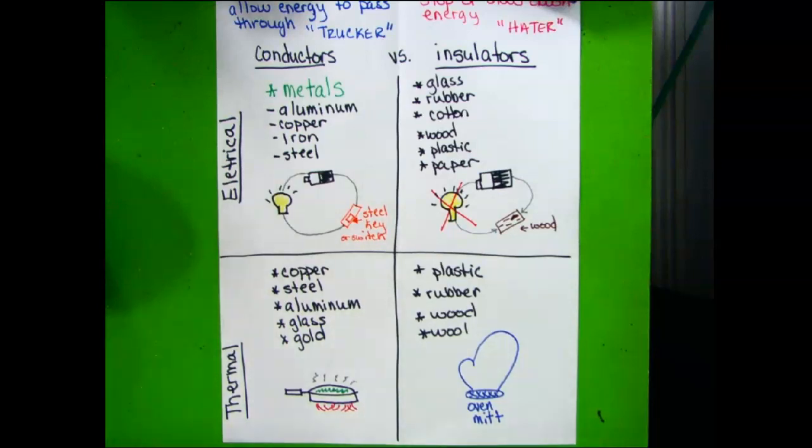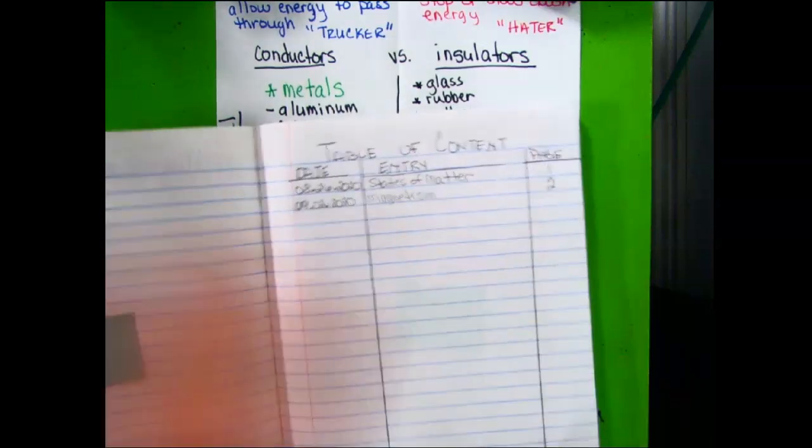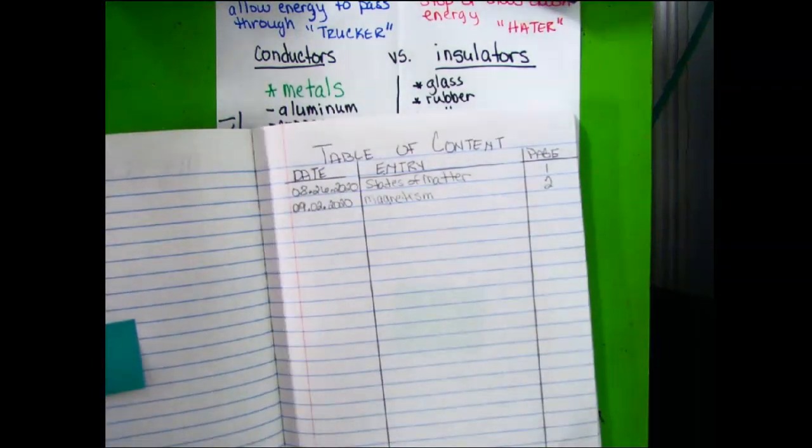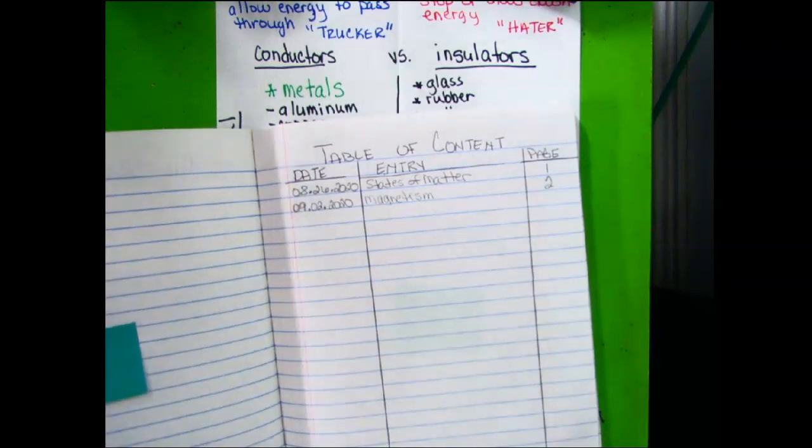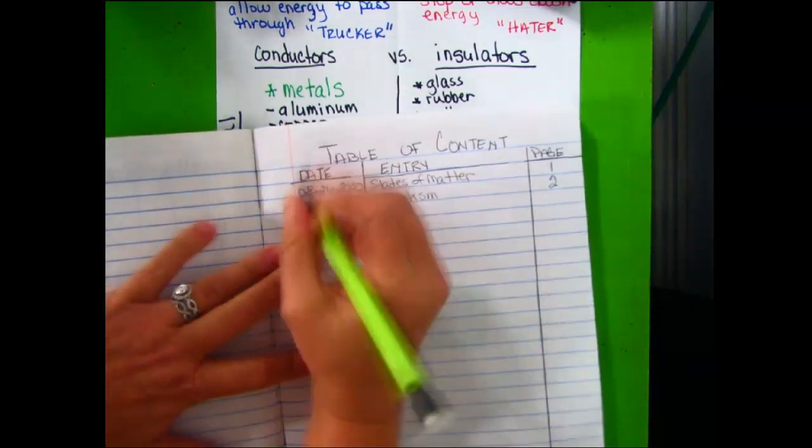Let me grab my journal so I can show you how this is supposed to go in your journal. And I will record this for you. So just like you did yesterday, I'm going to go in my table of contents and date it today.